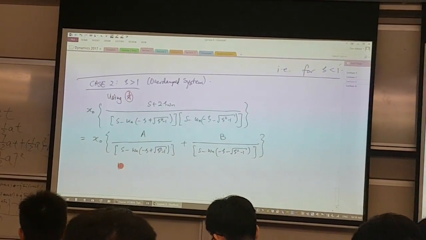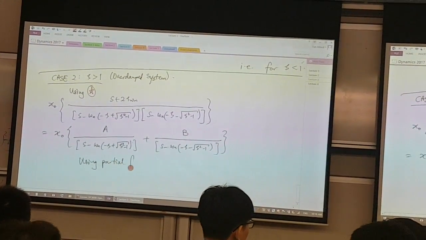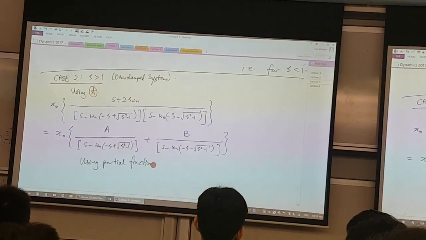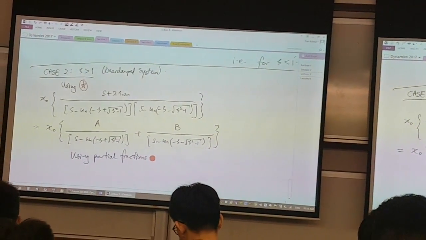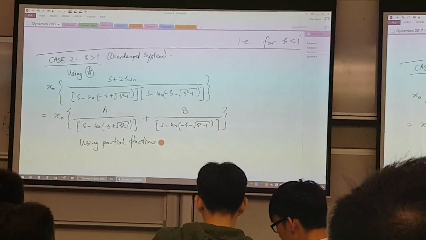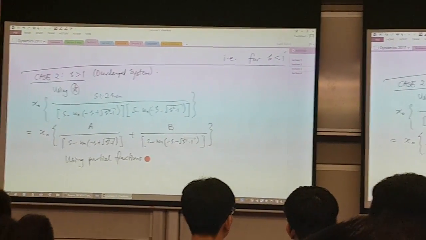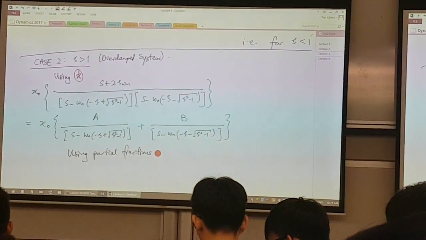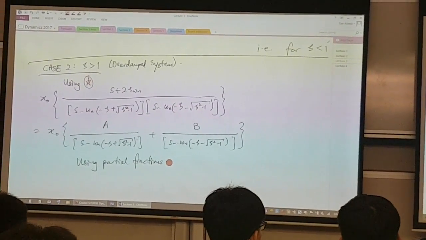Right? So using partial fractions. If you're worried that partial fractions have long left you, don't worry, because I'll put some exercises in the Moodle so that you can download it and practice partial fractions.